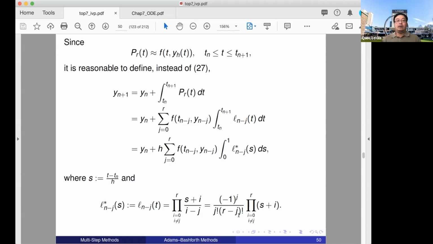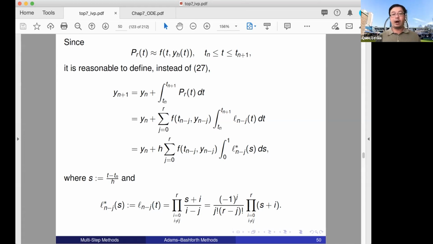I leave it as an exercise for you to check it. But you can check for a few cases. So suppose I want to check the simple case.